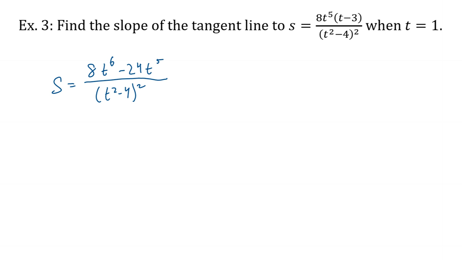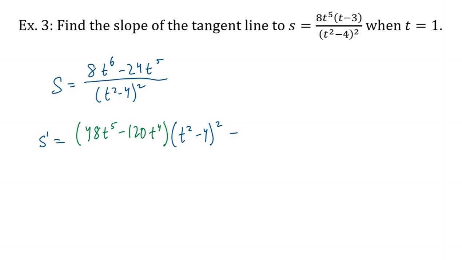Okay. Derivative of the top: 48t to the 5th minus 24 times 5. Is that 120? 120t to the 4th times the bottom. Minus derivative of the bottom.